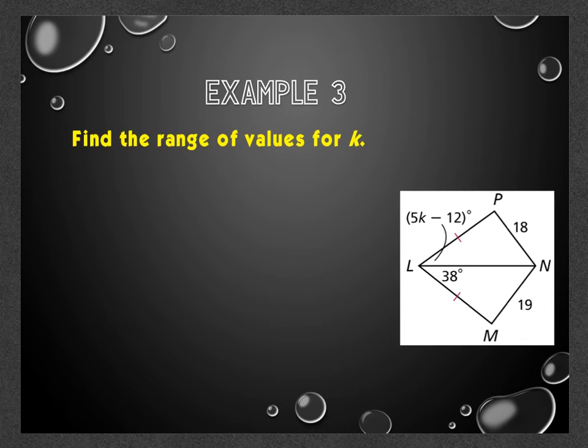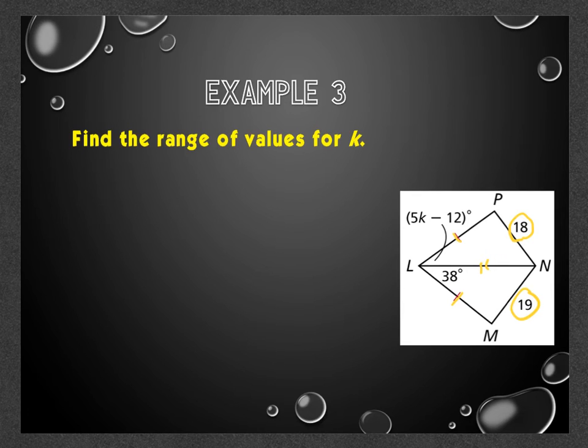Example 3 says find the range of values for K. So again, you've got the congruent sides here. You've got the reflexive side. So then I've got this third side, 18 and 19. What's true about the relationships of the ones opposite?